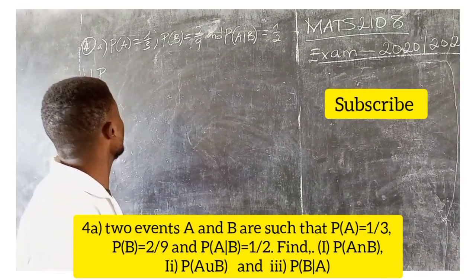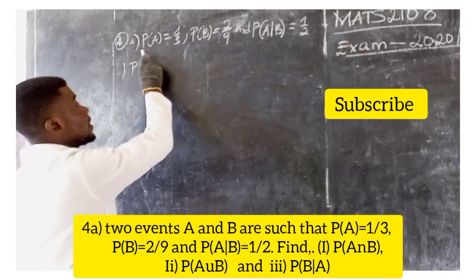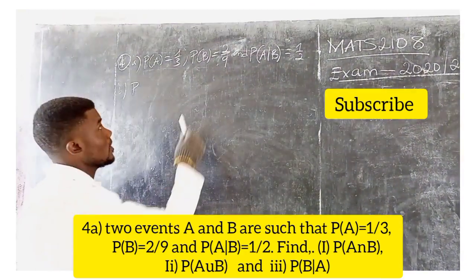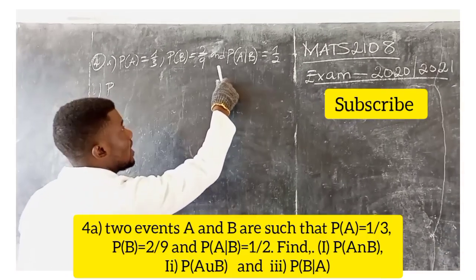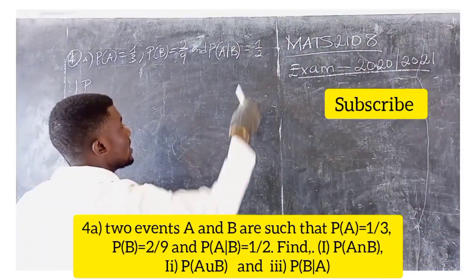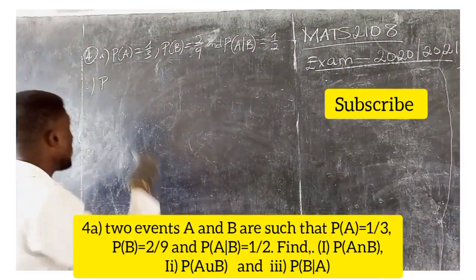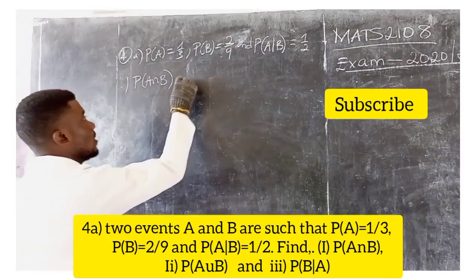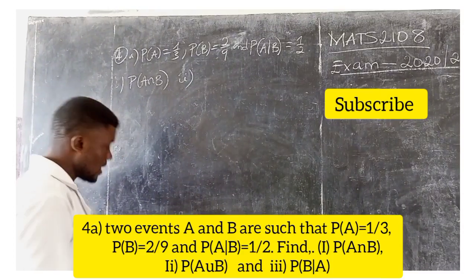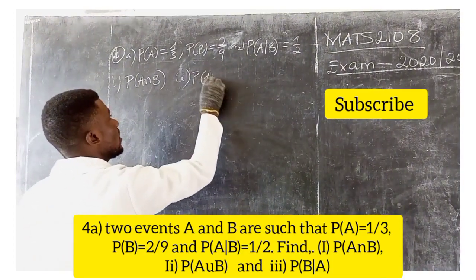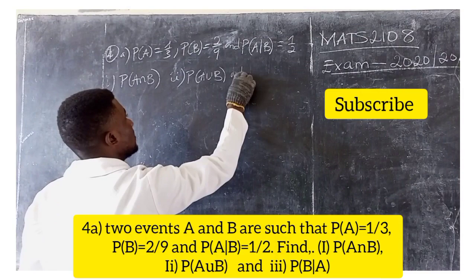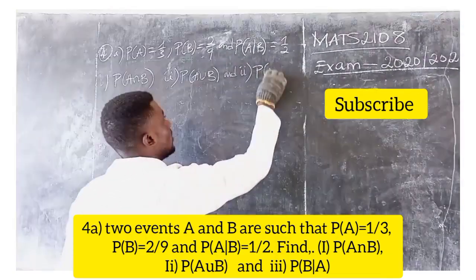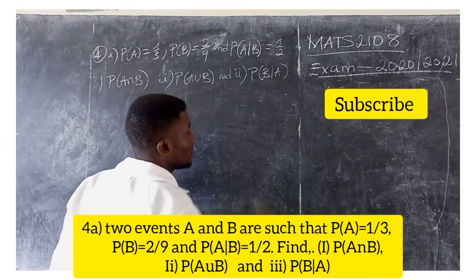Find Roman 1, the probability of A intersection B. Roman 2, the probability of A union B. And Roman 3, the conditional probability of B given A.